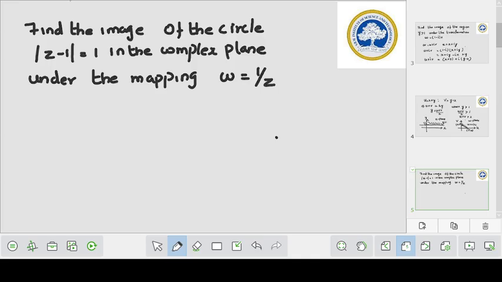So here the mapping is w equal to 1 by z. What is z? z is equal to 1 by w.